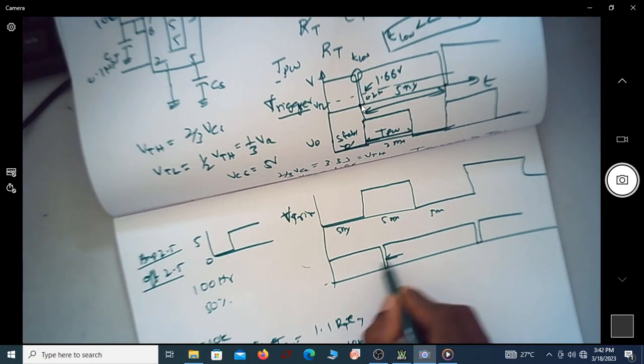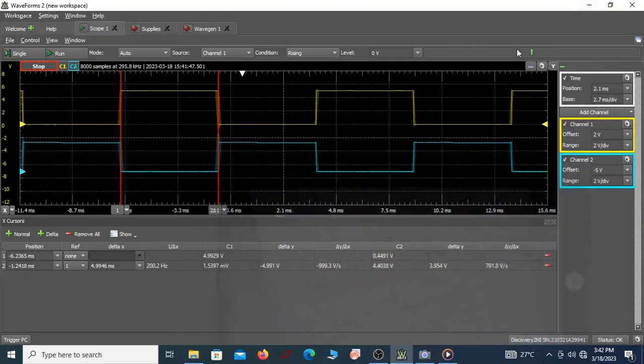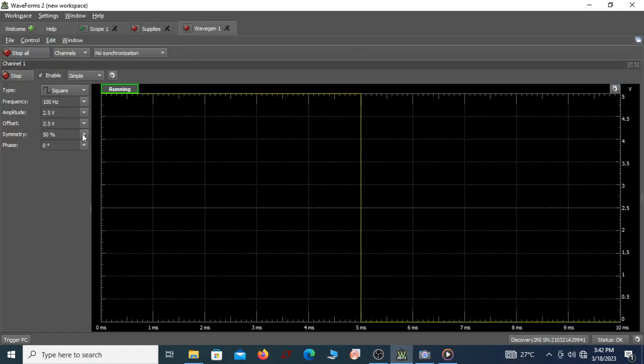This should be far less than 1.1 millisecond. I'll go back to my wavegen and make the symmetry 95%, because the off time should be as small as possible. So you can see I'm making the off time very small.